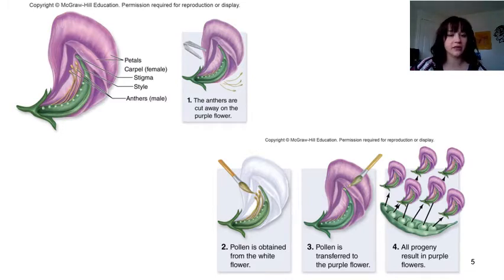And then the carpel is considered the female part of the plant, and that contains the stigma and the style. Right? So pollen lands on the stigma and makes this tube that goes down the style when this plant gets fertilized. So you can see how easy it is for this plant to self-fertilize. That pollen is right there, really close to the stigma.